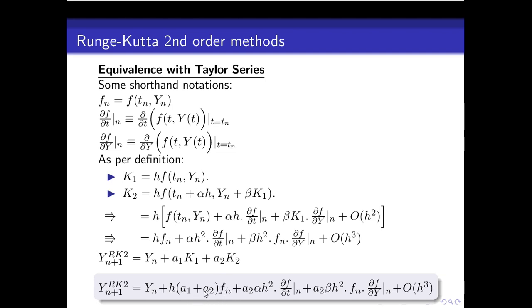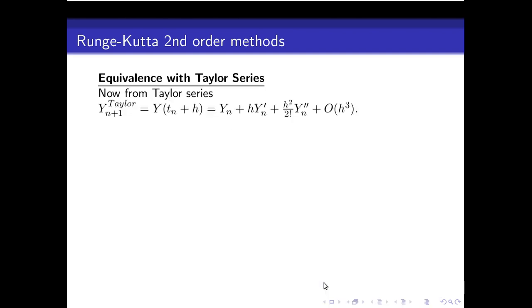So the coefficient of fn is h into (a1 plus a2), and since we are multiplying k2 by a2, in the other terms just a2 is multiplied with alpha h square and beta h square. So this is the formula for y(n+1) by RK2.